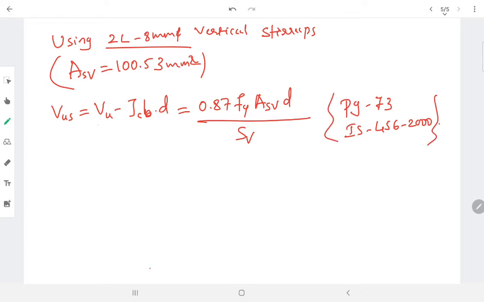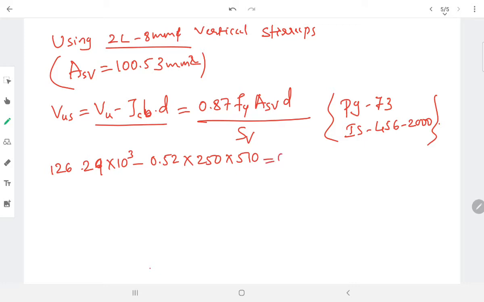So put the values. VU is 126.29 × 10^3 minus tau C is 0.52, B of the beam is 250, depth is 510.